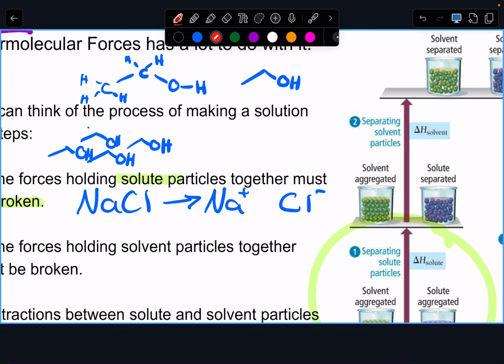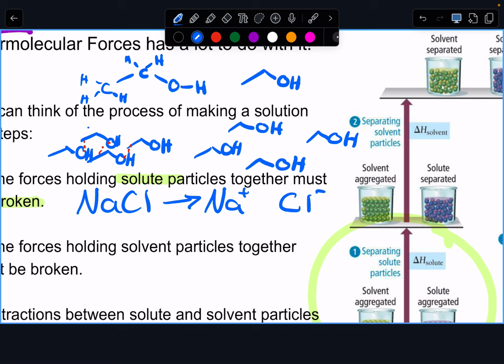And these would have a bunch of little interactions between the negatives and the positives of the different ethanol molecules, okay? So if I was breaking apart that solute, they would still be ethanol. They would just all be separated from each other. I would just break apart those intermolecular forces and have them all separated.